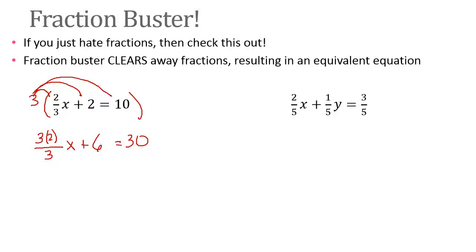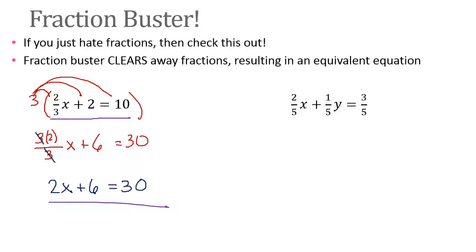Notice the 3's divide out, and that leaves us with 2x plus 6 is equal to 30. Even though it looks a little different, it's the same equation as our original. We just got rid of the fractions.